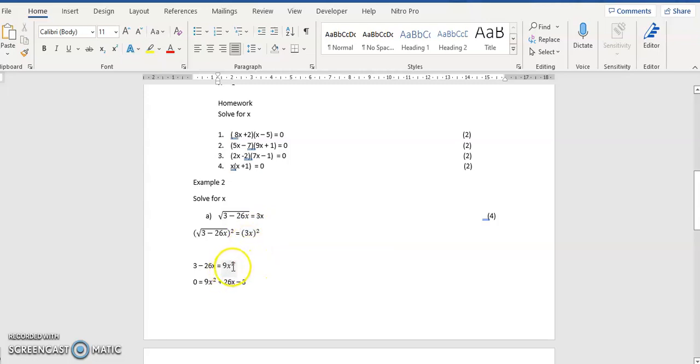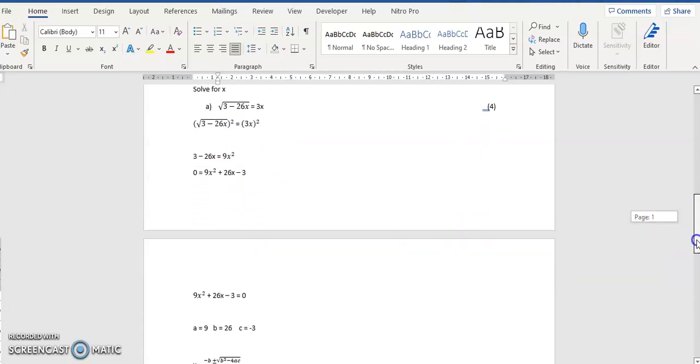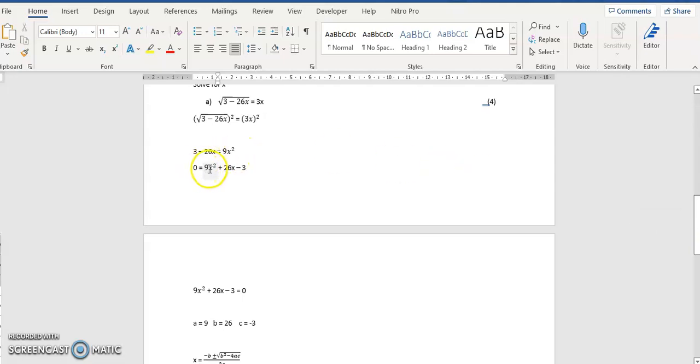Transpose this minus 26x to the right hand side, you are going to get plus. Then 3 is going to be minus. So 0 is equal to that. You can write the 0 at the right hand side, you have not caused any harm. It can be at the left or at the right.